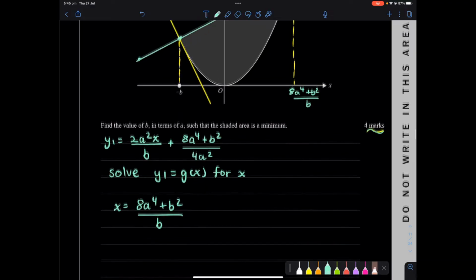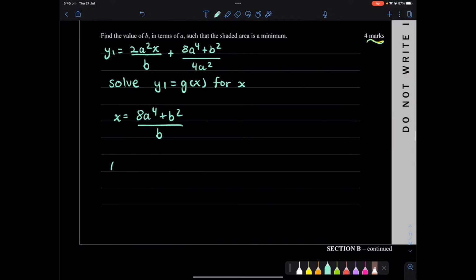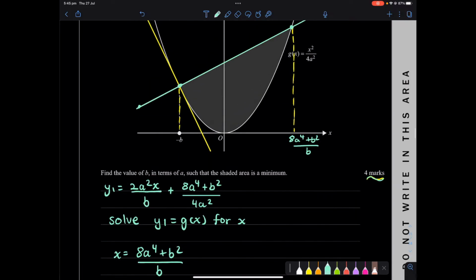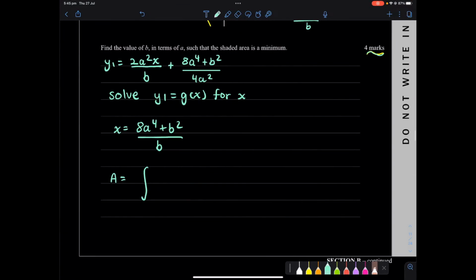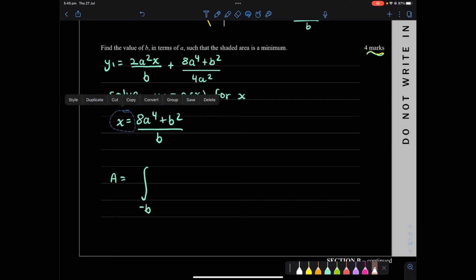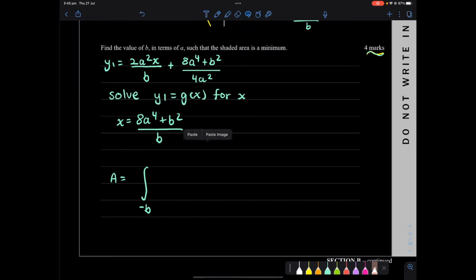Okay, so to find the area, it's very easy. The area is the integral from negative b to this value over here. I'm just going to bring this up here and copy it, and make it less small.